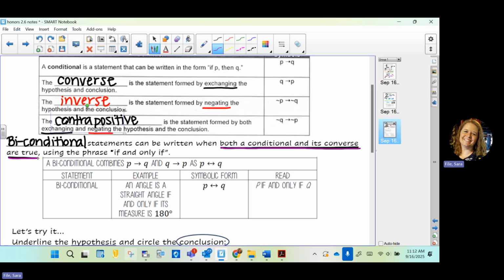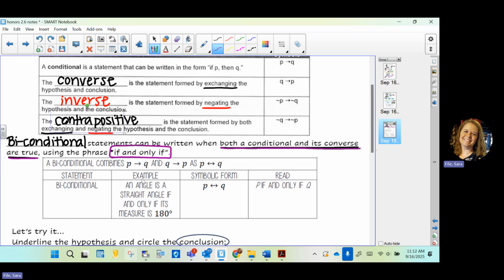If you can read your statement as P then Q and Q then P, and they both are true, then you can write a biconditional. And a biconditional uses the phrase "if and only if." So instead of having if-then, you have if and only if in the middle.